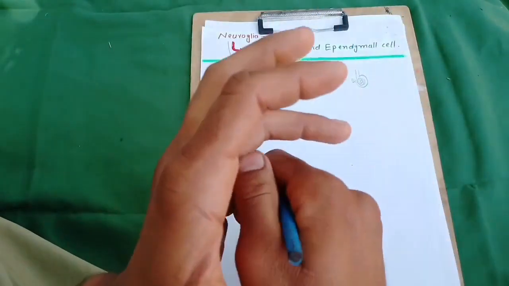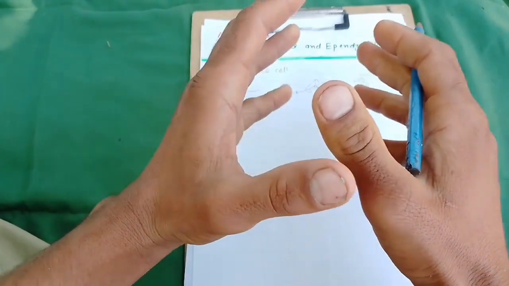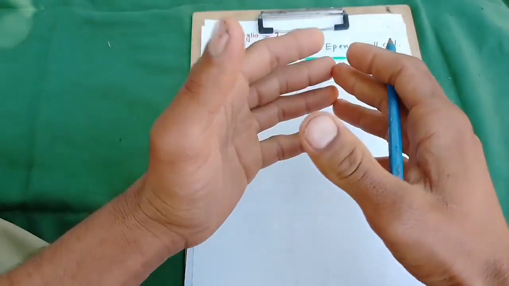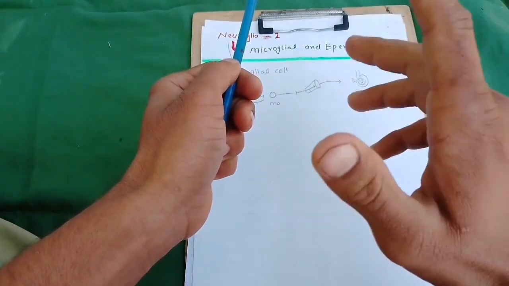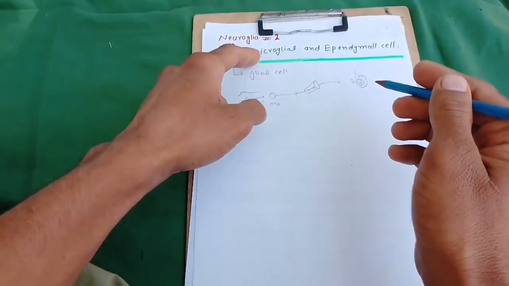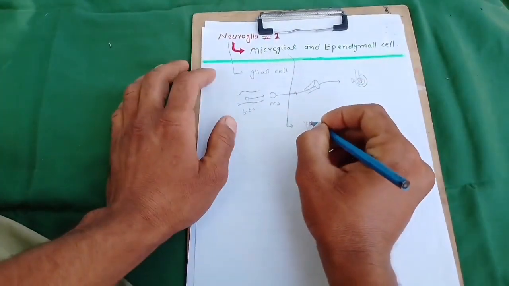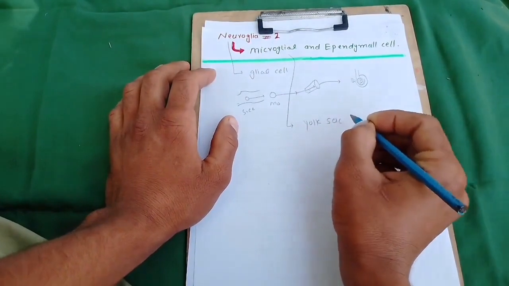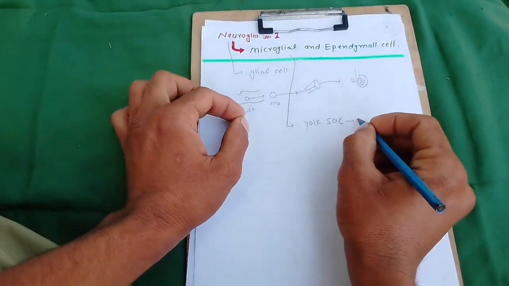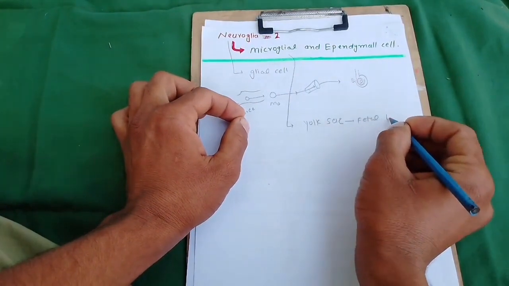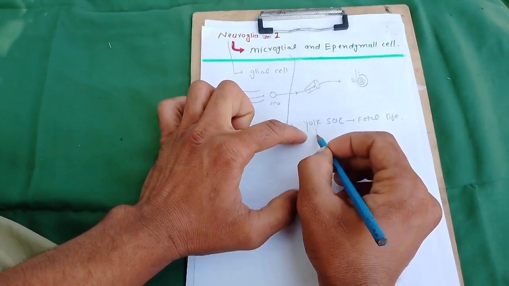But the macrophage of the central nervous system, the microglial cell, is developed during the gestation period. This microglial cell develops from the yolk sac membrane in fetal life. Yolk sac membrane has a specific type of stem cell.